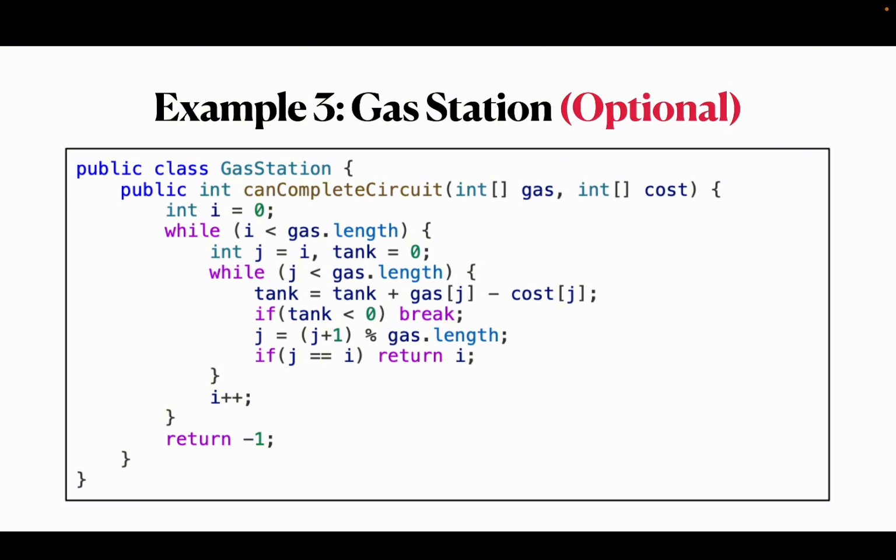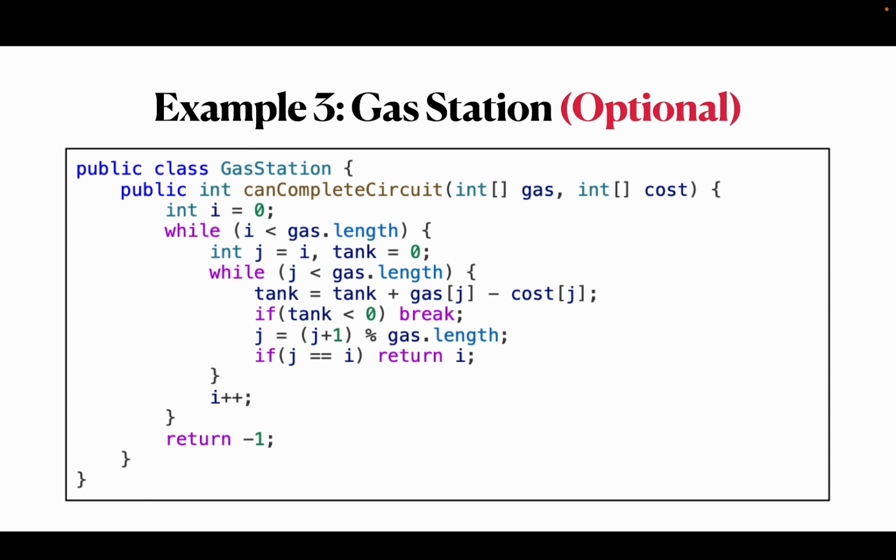So this candidate starting point i could not be our solution. Now we need to update j. The reason why we use (j+1) mod gas.length is that if we reach the end of the gas array, since we make it a circuit route, we need to start from the beginning of the gas array again.